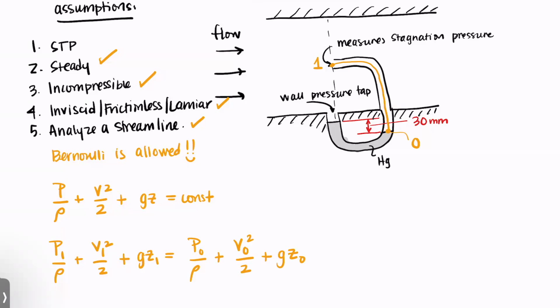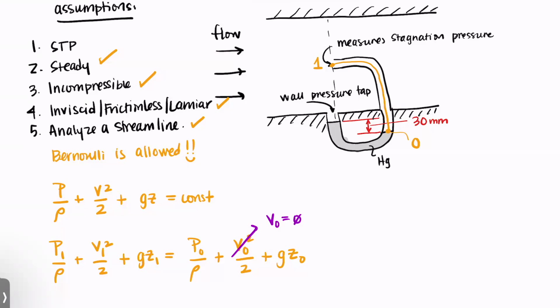Since the 0 point is our stagnation point, we know that V0 is 0, right? Because it's the stagnation velocity. That's kind of how we define stagnation, right?